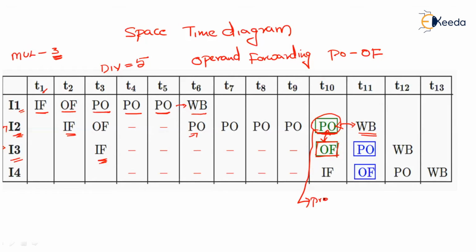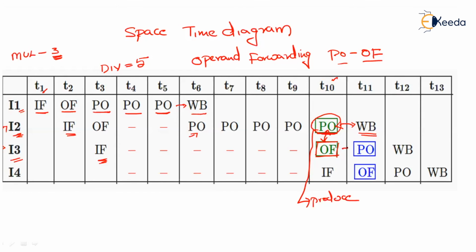As the operand forwarding is from the PO stage to the OF stage, the produced operand will directly be forwarded to the operand fetch stage of I3, in the same clock cycle. So I3 can enter the operand fetch stage in T10, because in the 10th clock cycle the operand is being produced and forwarded directly.